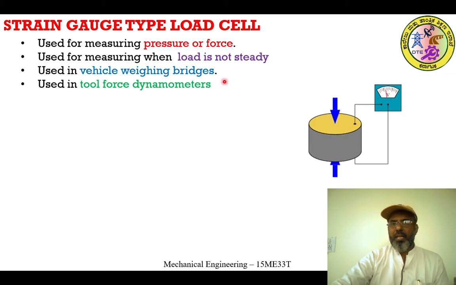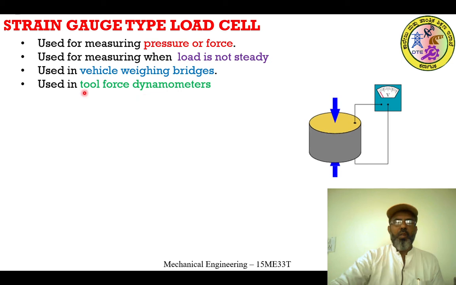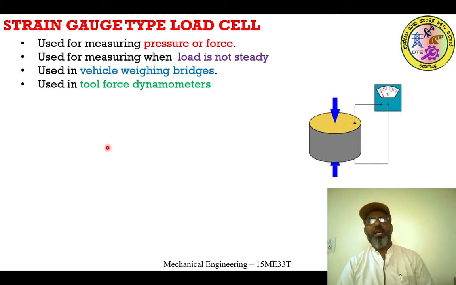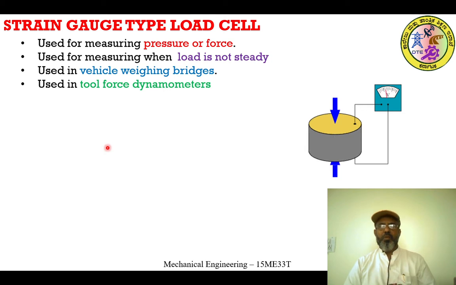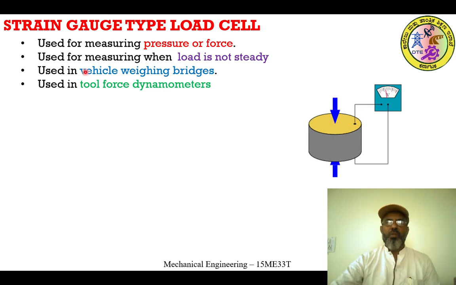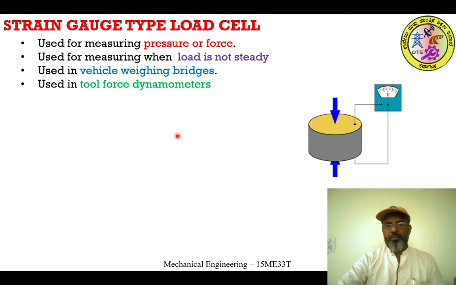Strain gauge type load cells are also used in tool force dynamometers. It means they are generally employed when we require a fast response, or when there is a varying load.